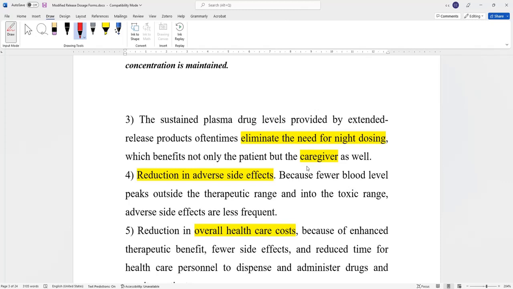So this is, of course, not convenient, but it can also be troublesome if a caregiver, like a nurse, needs to come and give you this medication because it needs to be given as multiple doses daily. So imagine how much convenience you can have if this is a single dose daily.